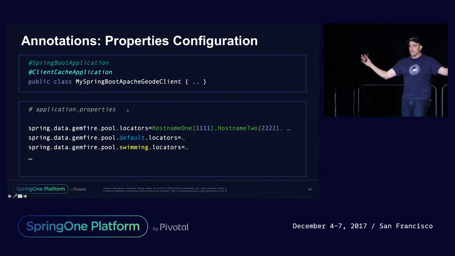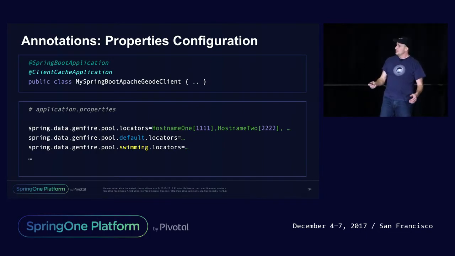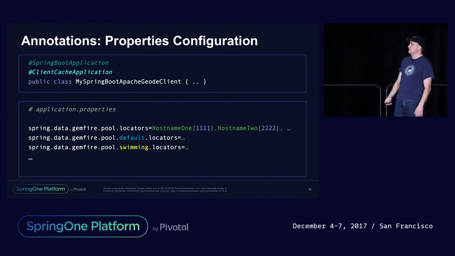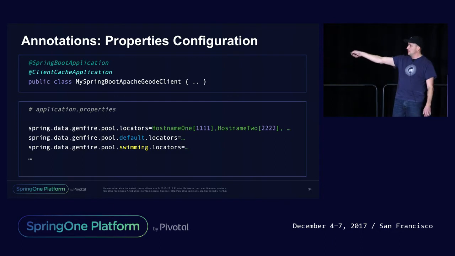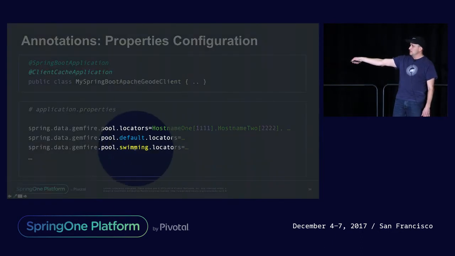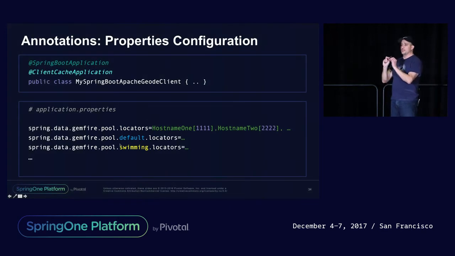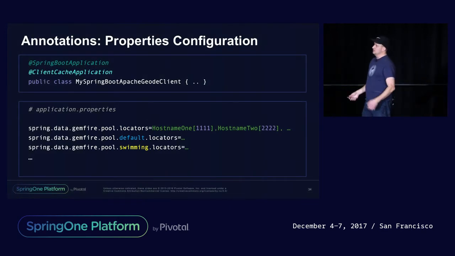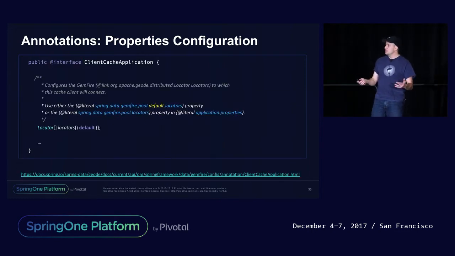That applies to all your pool configurations. If you have specific pools, named pools that only certain regions are using, you can actually specify their name as a prefix to the property. And it'll only configure that particular pool in the annotation. Okay, the other way to do it, if you're familiar with, well, here's an example of the client cache application.